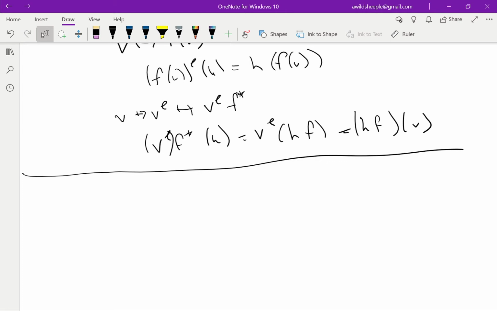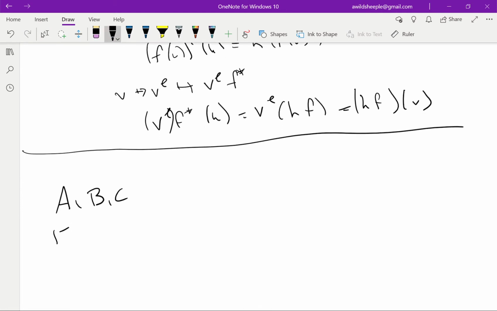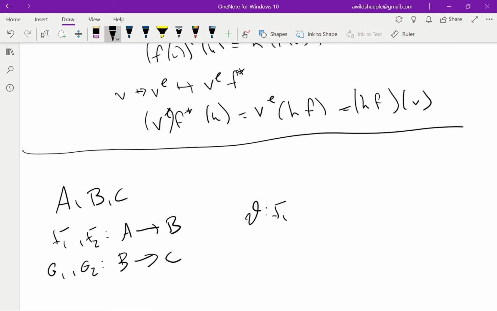So first, suppose we have three categories, A, B, and C, and we have two pairs of functors. We have F1 and F2 running from A to B, and G1 and G2 running from B to C. Then we can make natural transformations, or at least suppose there are natural transformations, theta from F1 to F2, and lambda from G1 to G2.